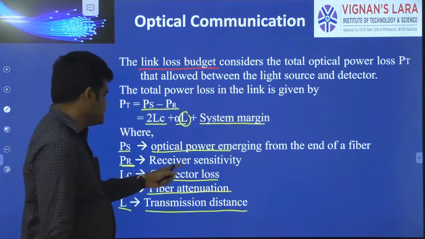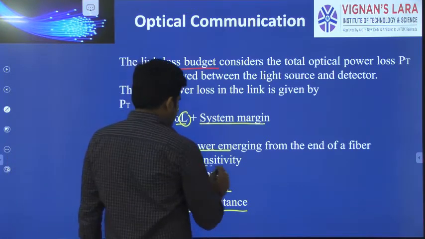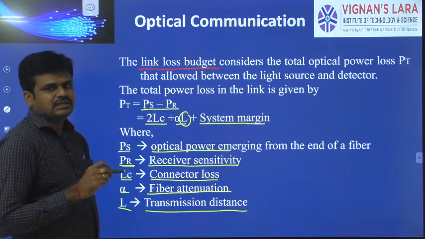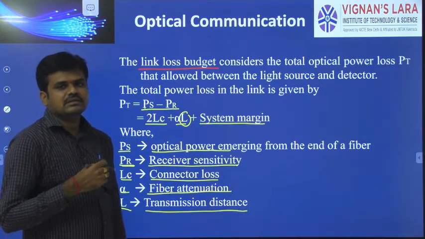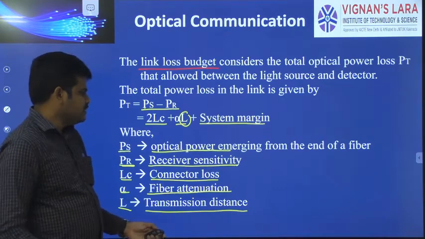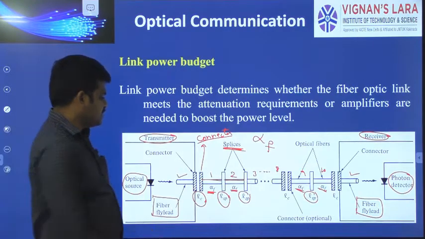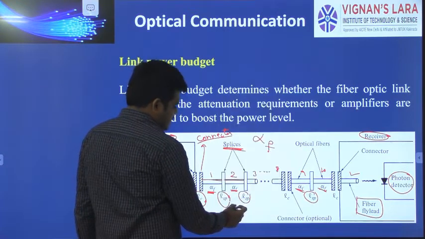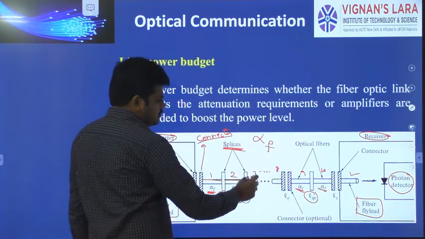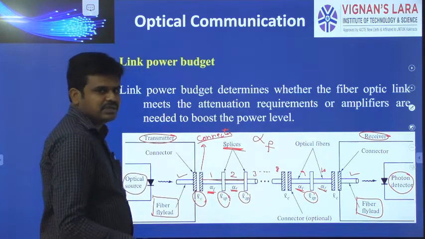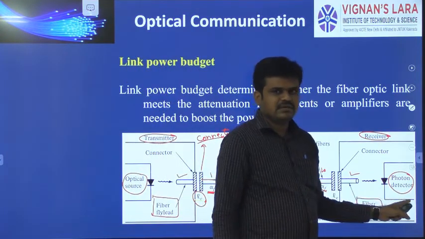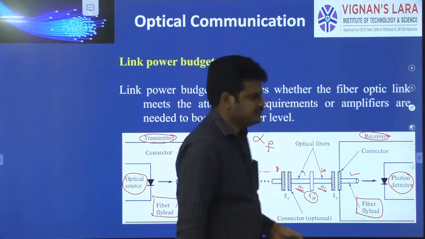So the power loss due to receiver sensitivity is also accounted for. Apart from the power loss at the connector, at the splicing, and the attenuation, we need to consider the power loss due to low sensitivity of the photodetector.